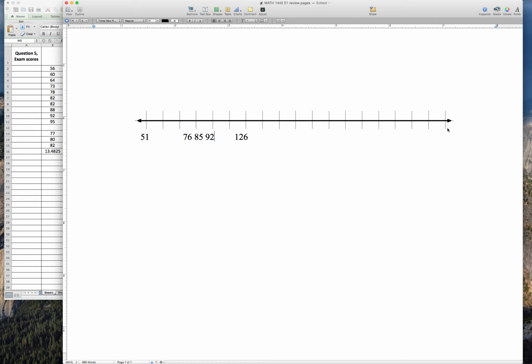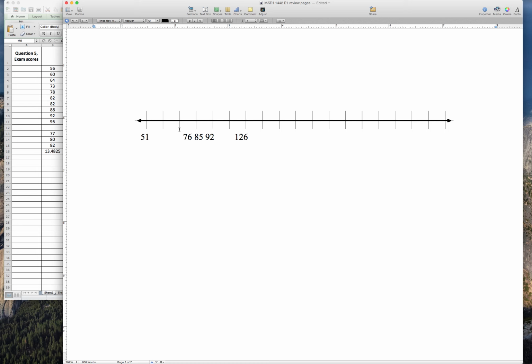So, well, what is my scale going to be? What if each one of these lines stood for 10? Let me see what that would do for me. 50, I'm going to say this is 50, 60, 70, 80, 90, 100, 110, 120. That's going to be too compact. How about if each one of these stood for 5? Let me try that. 50, 55, 60.